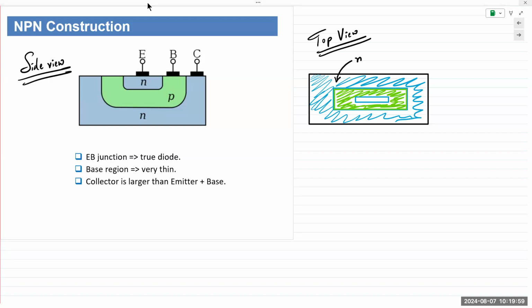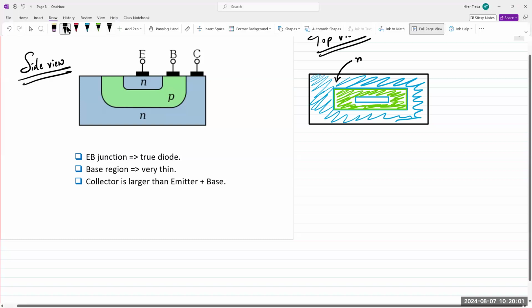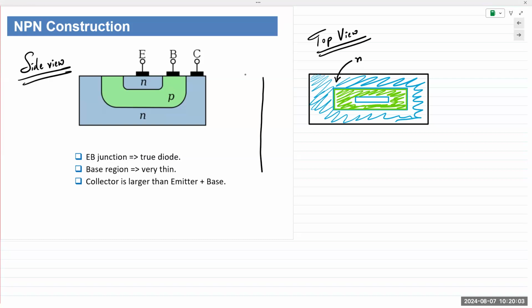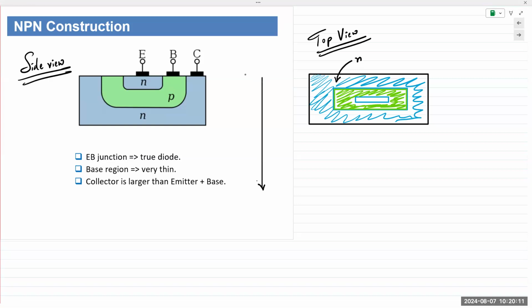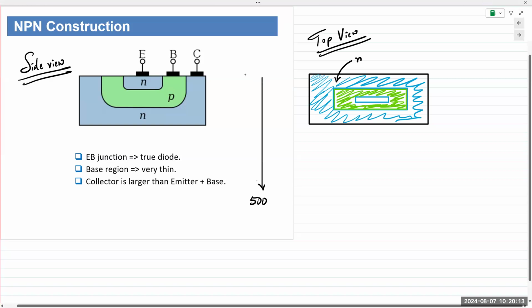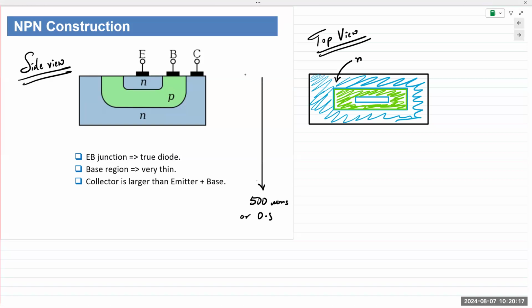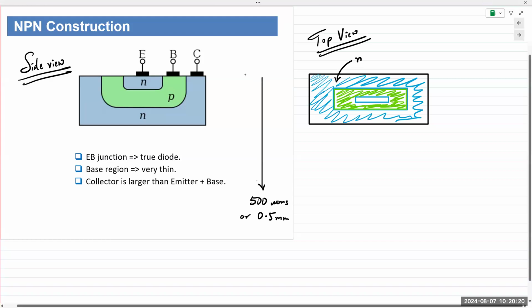Just to give you an idea, you're going inside the silicon wafer in this direction, and it goes all the way to 500 microns or 0.5 millimeters.